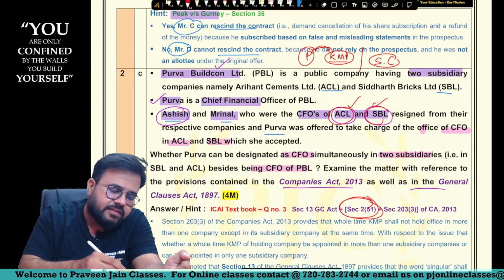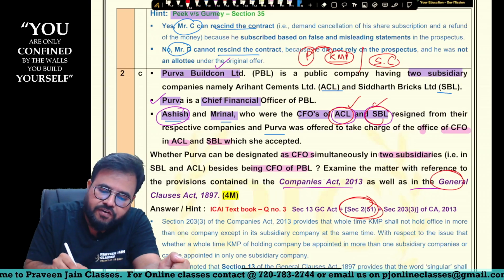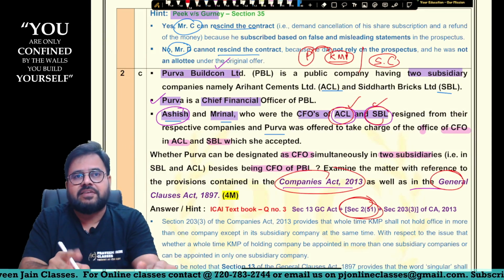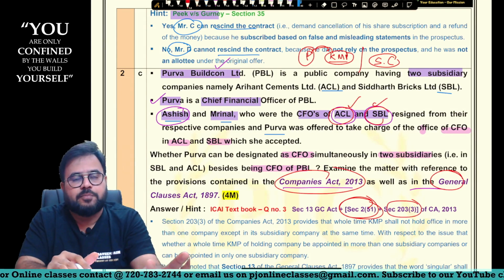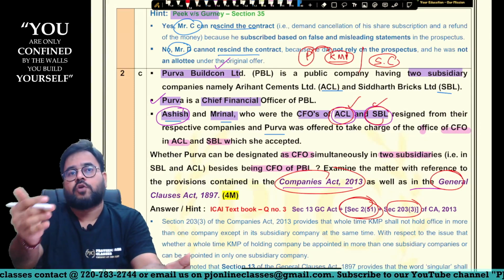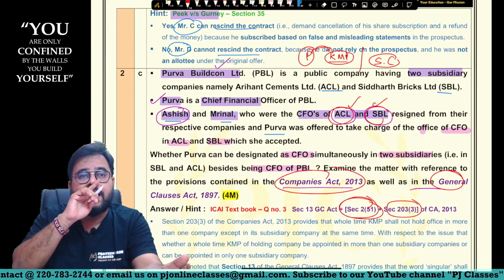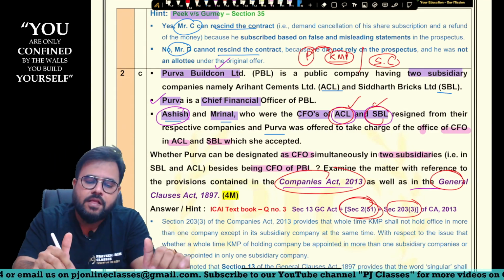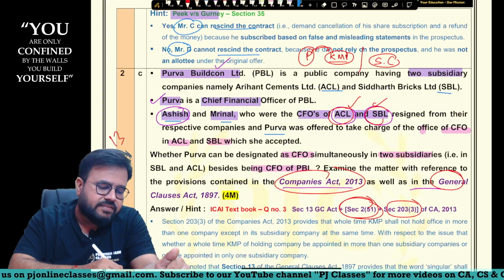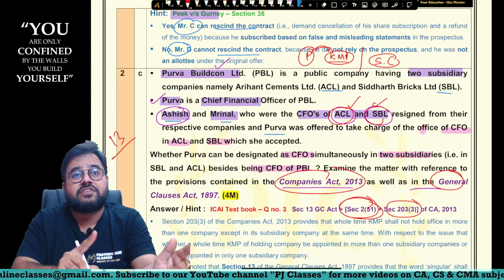Now for that, you have to refer to the General Clauses Act as well as the Companies Act. In the Companies Act, 203 subsection 3 clearly mentions that if you are a KMP in one company you can become KMP in another company provided that company is a subsidiary company, sir. Now section 13 of the General Clauses Act talks about gender and number.